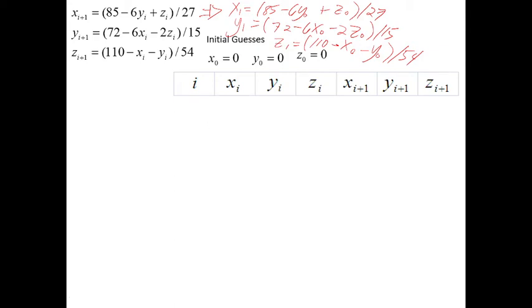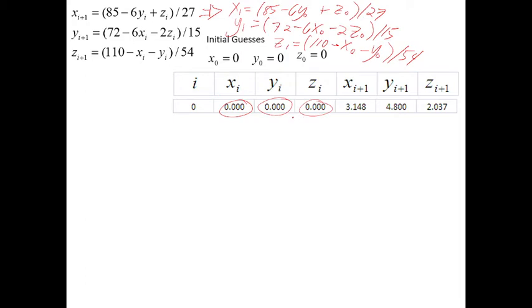So, we have now the table. We start with i. So, we have 0, 0, 0, 0. These are the initial values. We write them.